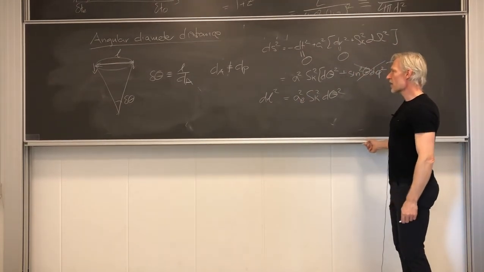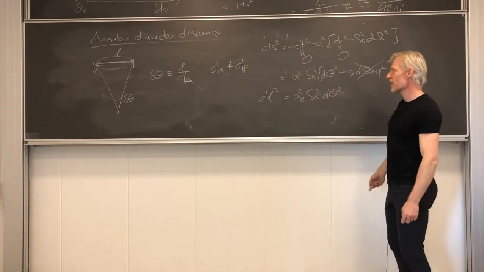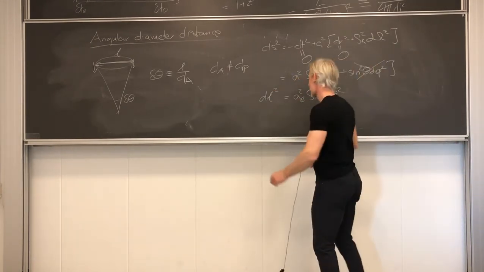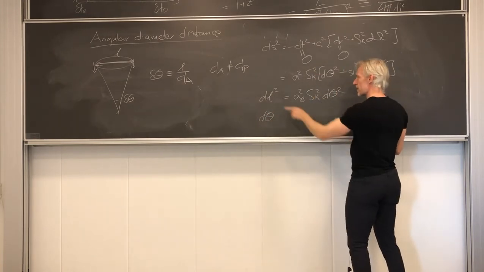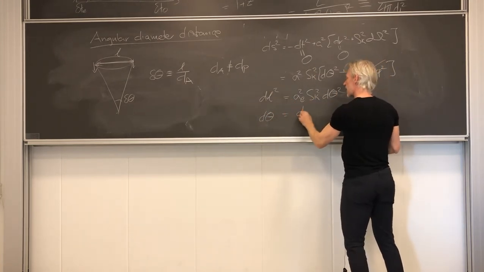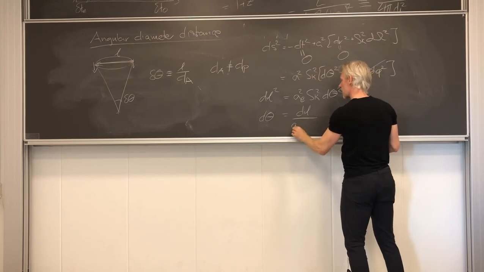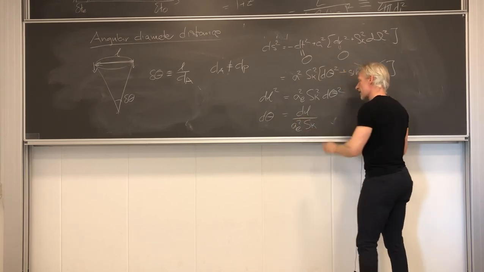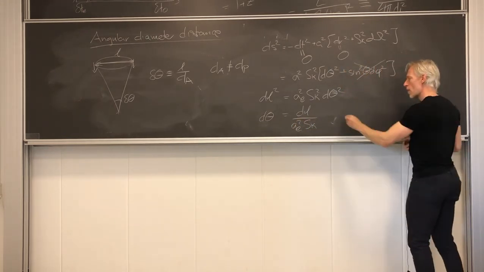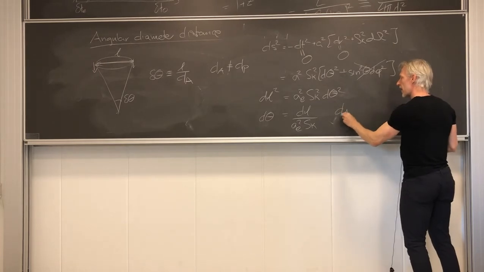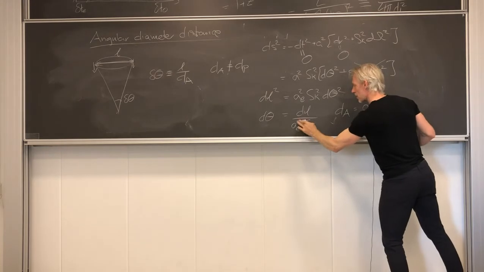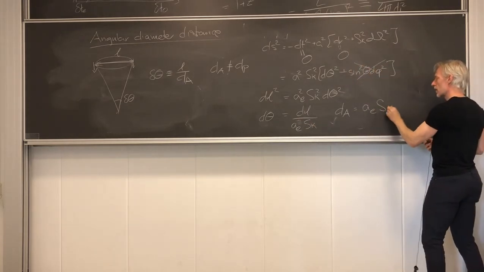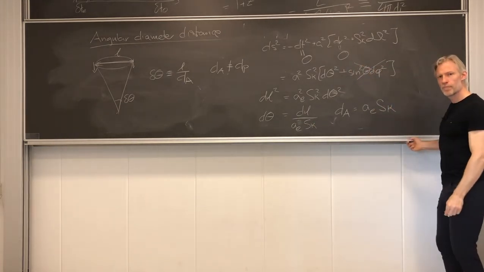And now I have everything I need, because now I can actually do my full derivation here. So now I can isolate the theta just like over there, and then I get dl divided by a_E s_kappa. And that means that the angular diameter distance is the scale factor times s_kappa.